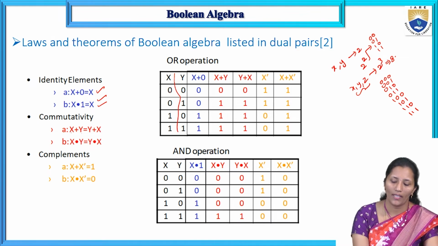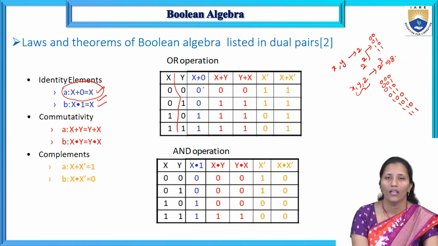Here x plus 0. First we have to find out x plus 0. So x plus 0 is binary OR operator. So if any one of the inputs is 1, then automatically output will become 1. So 0 plus 0, 0. 0 plus 0, 0. 1 plus 0, so 1 input is 1, so output will become 1.